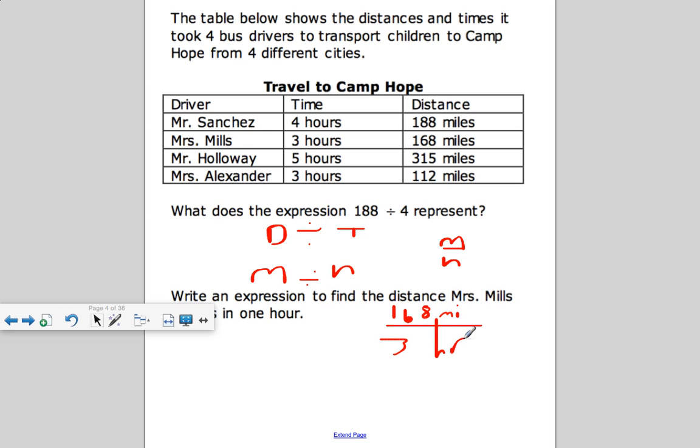So if I need to break it down to 1 hour, I need to divide. Divide by what? 3. So our expression will be 168 divided by 3. To find out how many miles she drives in 1 hour, we have to divide the distance by time.